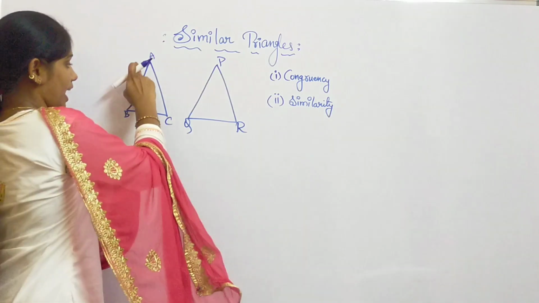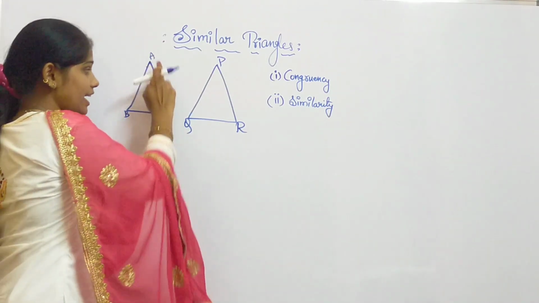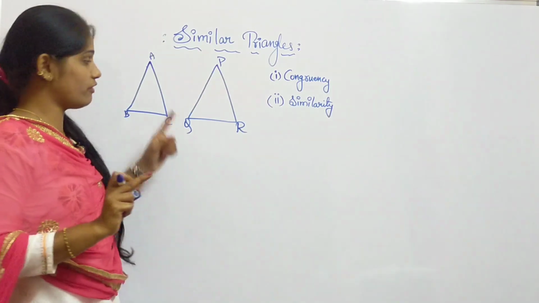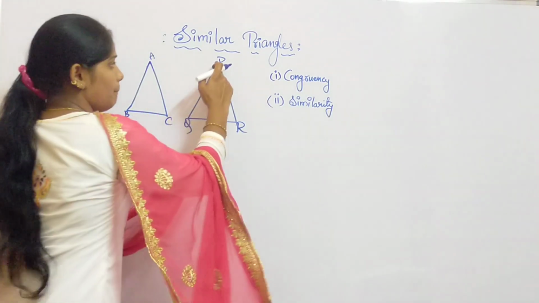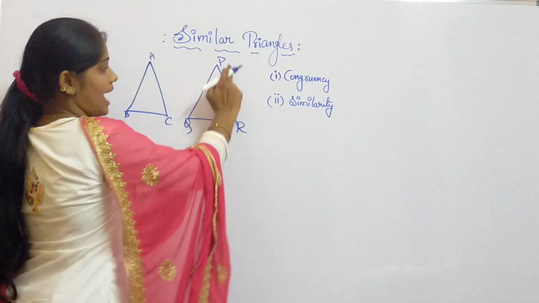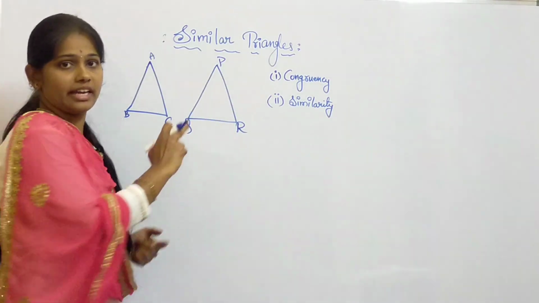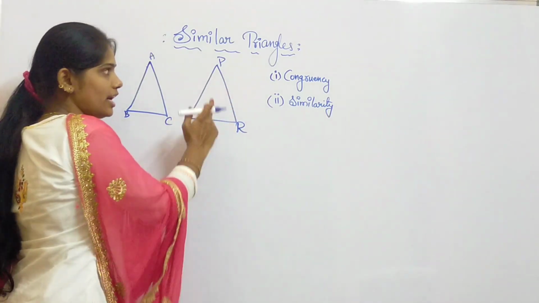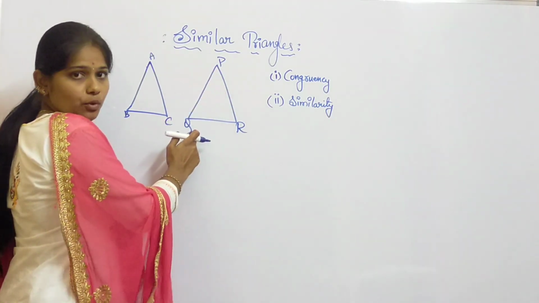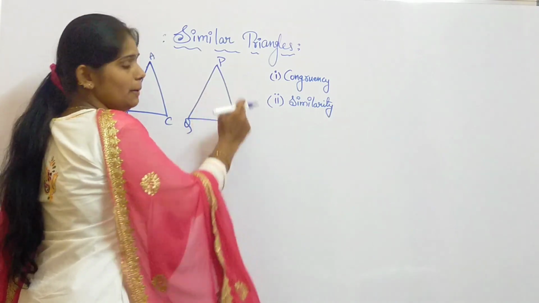Listen carefully. PQ, QR and PR are the corresponding sides of triangle PQR.